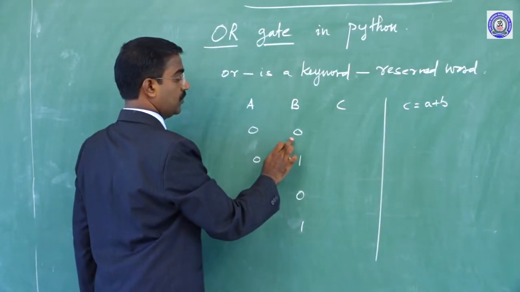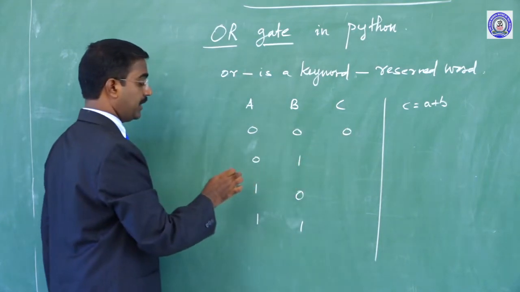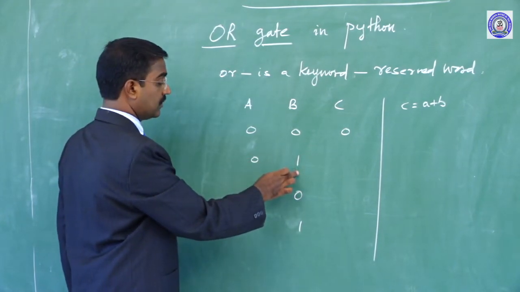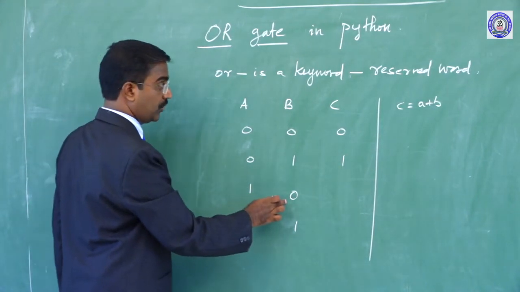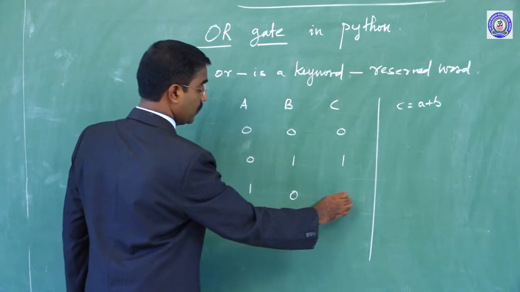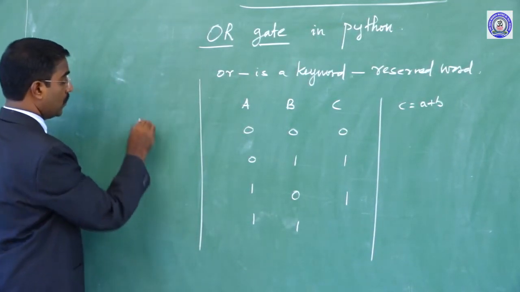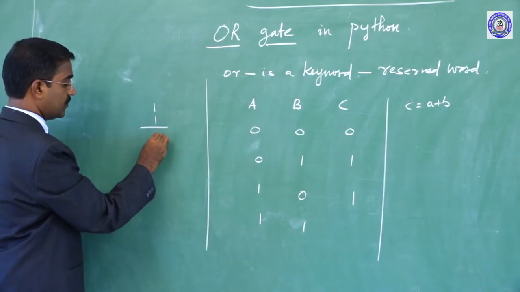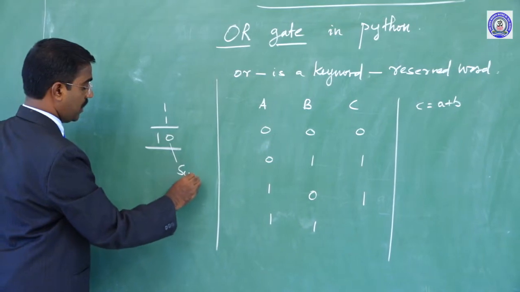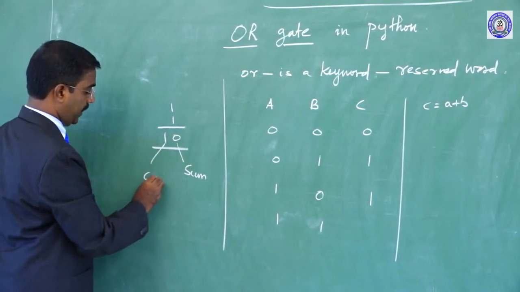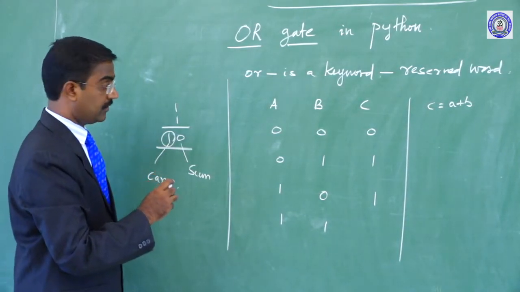So 0 plus 0, false plus false, equals false. Then 0 plus 1 equals 1, and 1 plus 0 is also equal to 1. In the final case, 1 plus 1: we already know 0 means sum and 1 means carry, but we should write only 1.